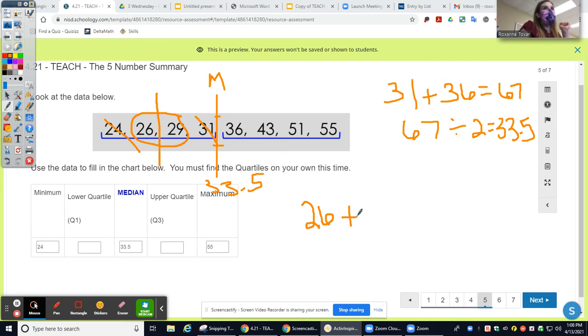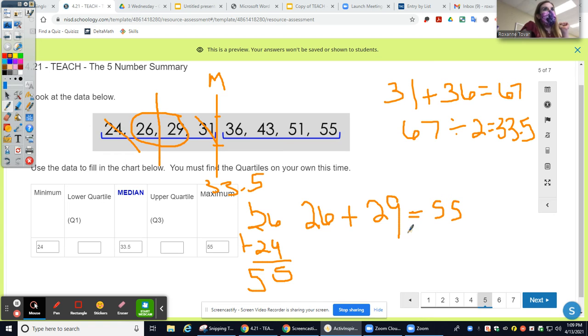26 plus 29. Let's see, 26 plus 29 is 55.